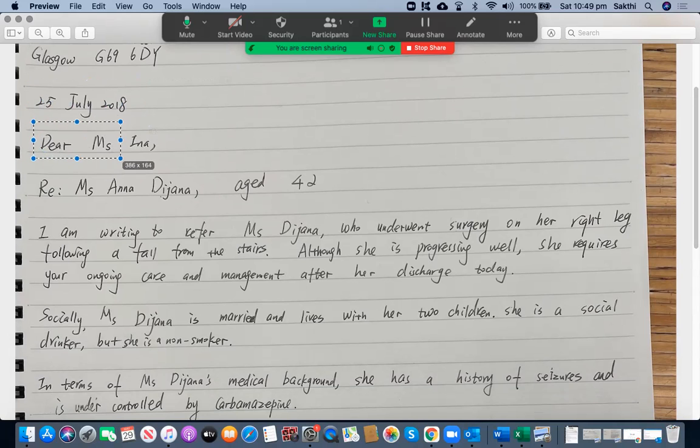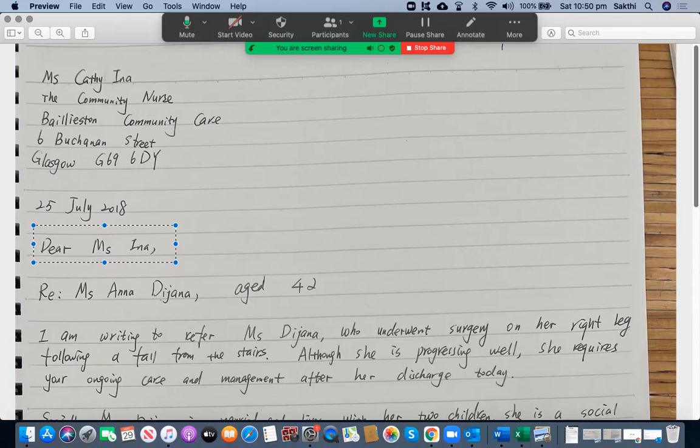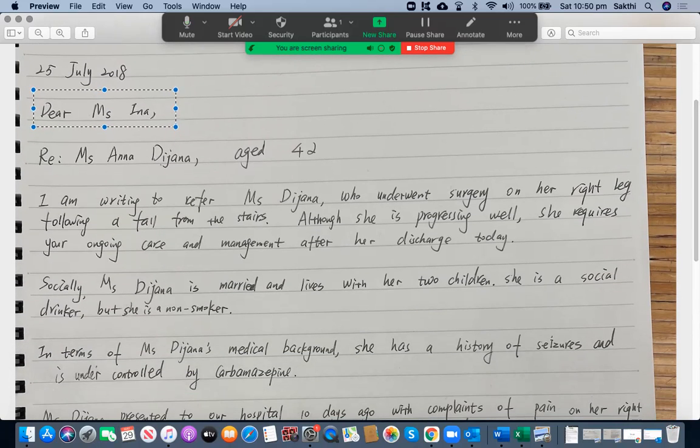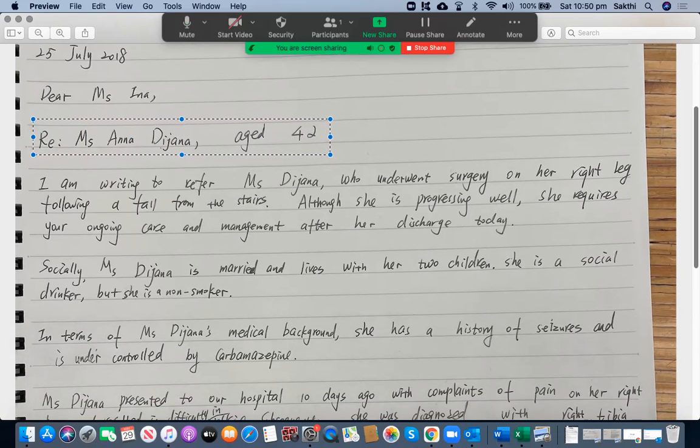And then the salutation using the surname of the addressee with the correct spelling. I'm happy with that. And then she has written the reference details of the patient, which is Miss Anna Dijana, aged 42. Right. So in this case, she has written the reference details in the correct format.